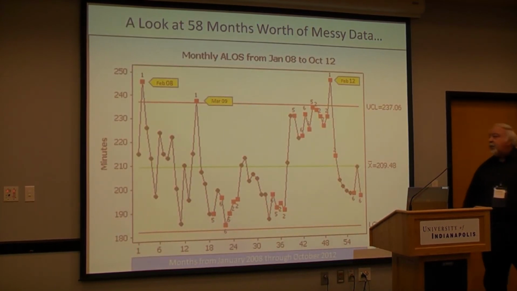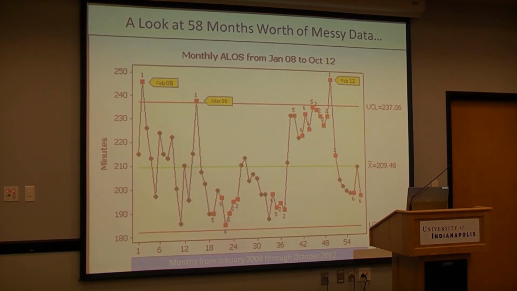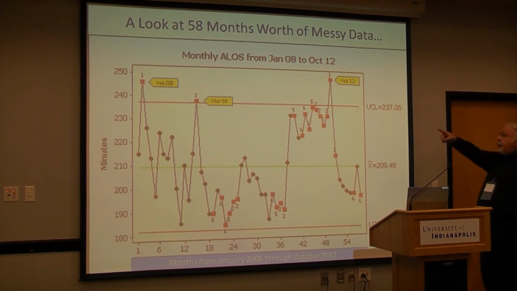So we jumped ahead and said, well, let's look at a trend chart. So we looked at a trend chart and we said, ooh, look, there are 3 points that are really way out there. Well, it turns out they're February, March, and February. This is 5 years' worth of data, and these are monthly averages. And we said, flu, flu, flu. Right?